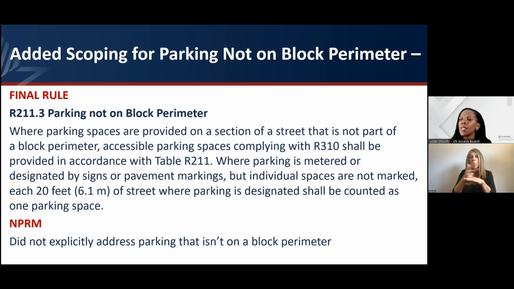Where parking is metered or designated by signs or pavement markings, but individual spaces are not marked, each 20 feet of street where parking is designated must be counted as one parking space. So we just wanted to make sure we closed that gap because we recognize that in the public right-of-way, all on-street parking is not necessarily on a block perimeter. So that's what this provision is intended to capture, on-street parking that is not on a block perimeter. We have added a definition for block perimeter because we found in technical assistance that that was always a source of confusion.